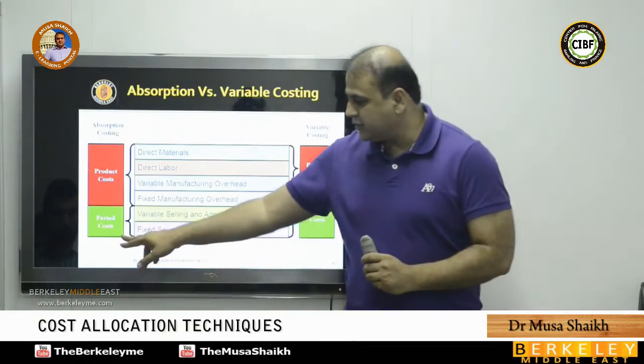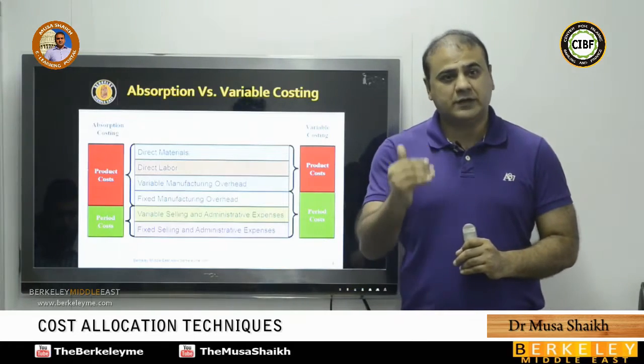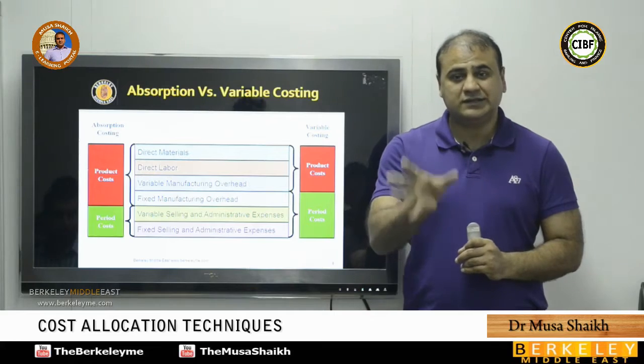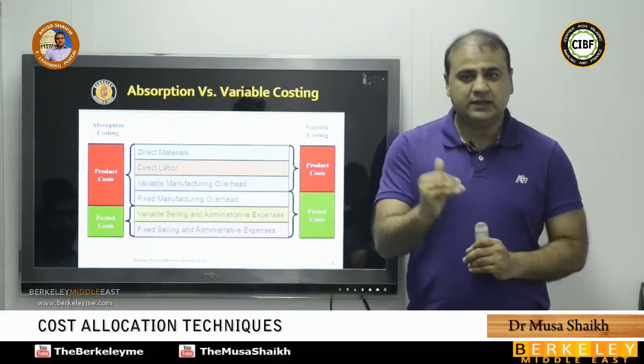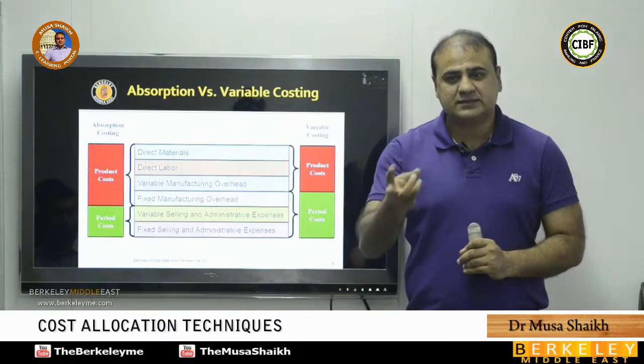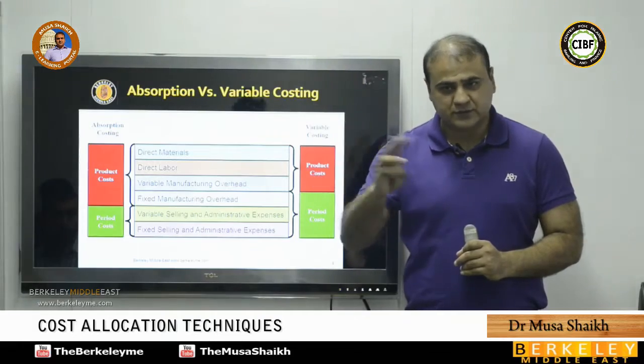Moving forward, period cost is a cost that you cannot allocate to the product right away. When it arrives, we have to wait for a certain period of time, ideally 1 year, to allocate this rent, taxes and other things to the product in the last.